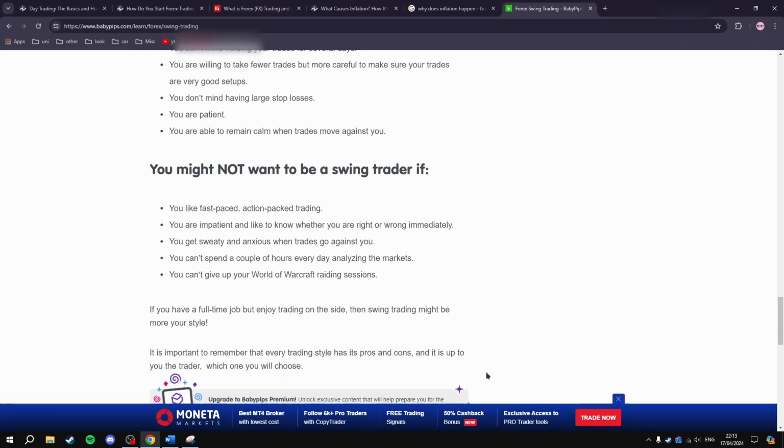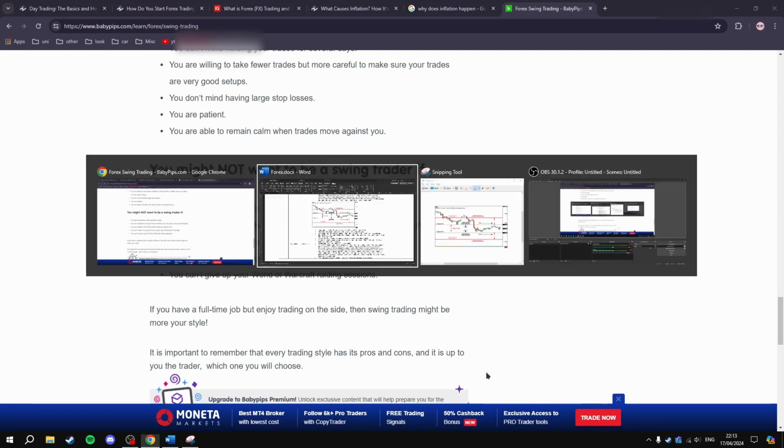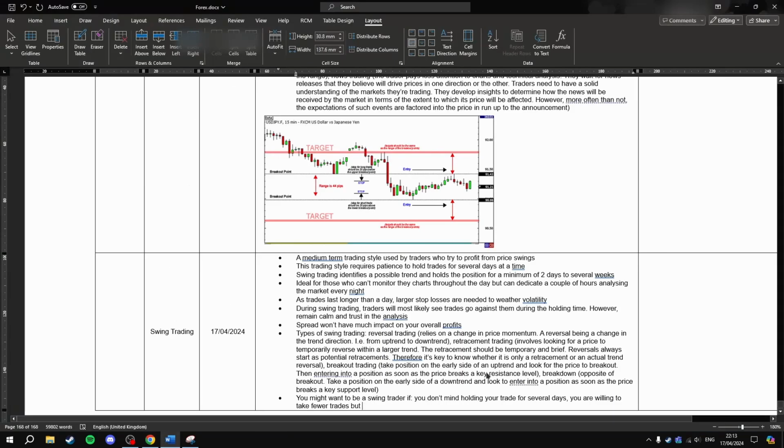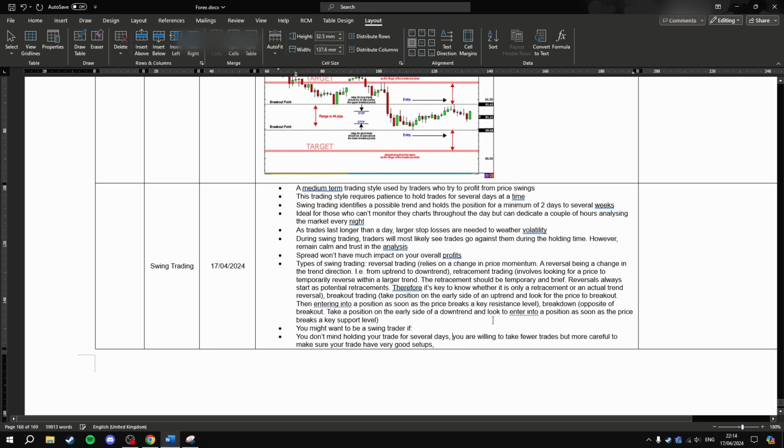You're willing to take fewer trades but are more careful to make sure your trades have very good setups.